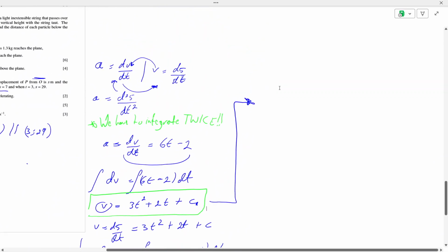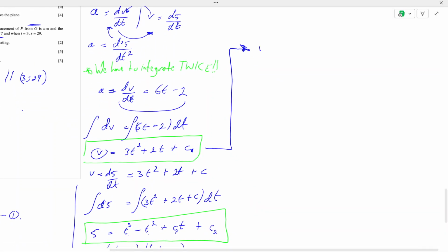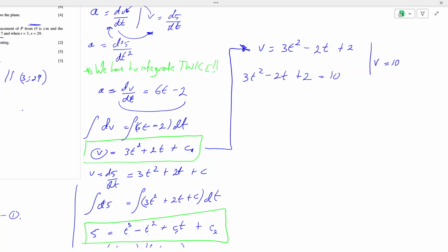It will become v is equal to 3t squared minus 2t plus 2, since c1 was 2, when v is equal to 10. So I equate that to 10. 3t squared minus 2t plus 2 is equal to 10.